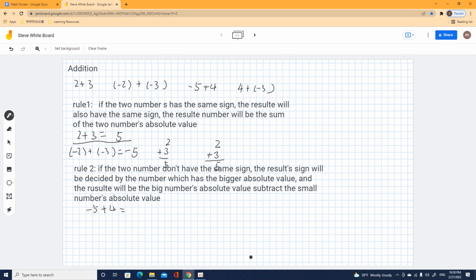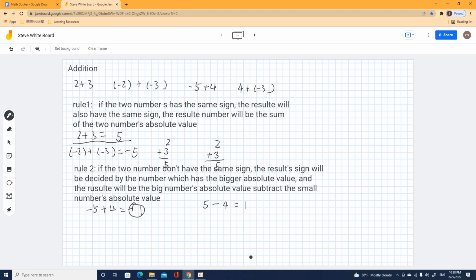So the result sign definitely will be negative. And the result number, you see, 5's absolute value is 5, and 4's absolute value is 4. So the result number should be those two numbers' subtraction, that's 1. So that is negative 1. That is the final result, negative 1.